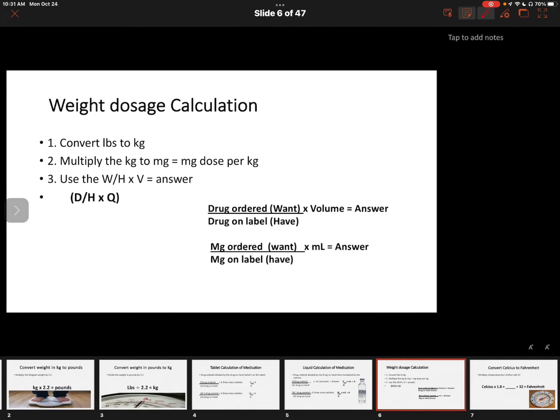Sometimes there are several concepts that we need to apply for a scenario. A patient may have a weight that is recorded in pounds, and we need to convert it to kilograms. And then a medication sometimes is ordered to be given to the patient based on their weight.